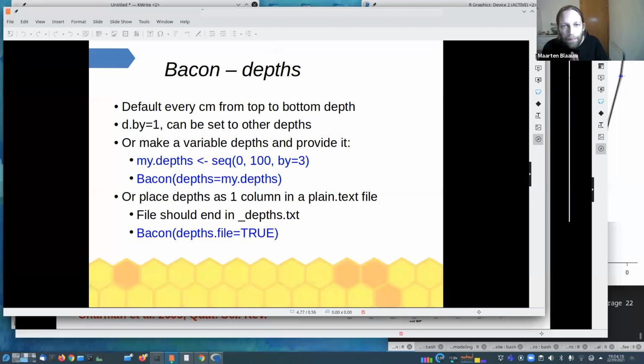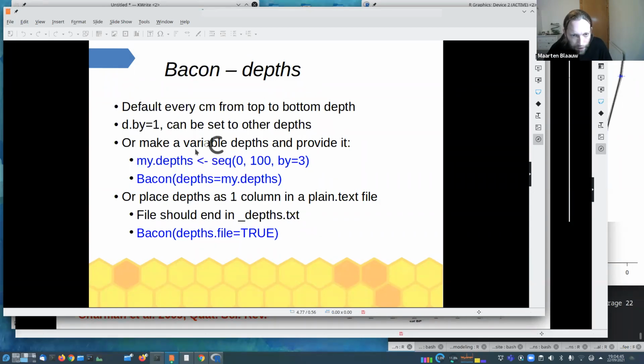Okay, so depths. Bacon calculates by default the age estimates for every centimeter from the top depth to the bottom depth. But you can also do other things. You can set depth.by to be something else, for example, every half a centimeter or every millimeter. Or you can also provide your own depths.